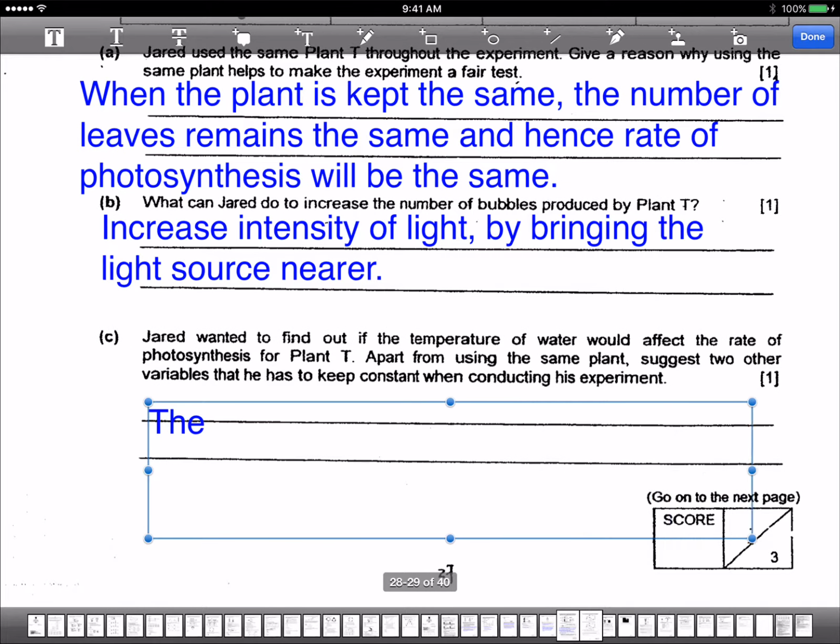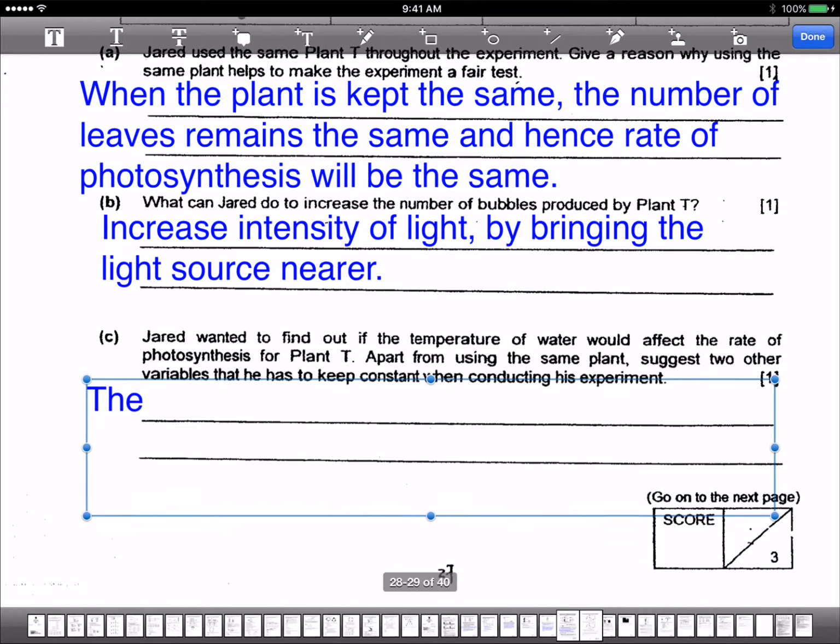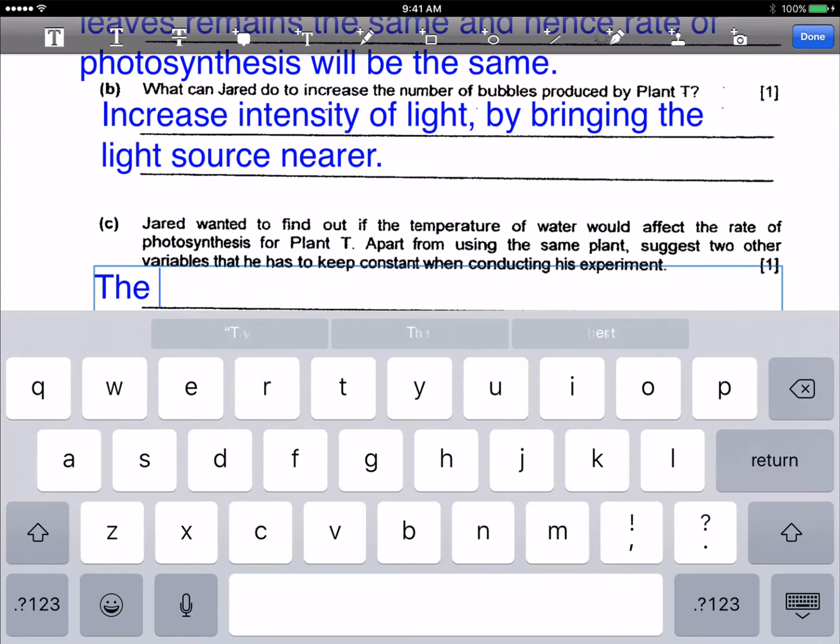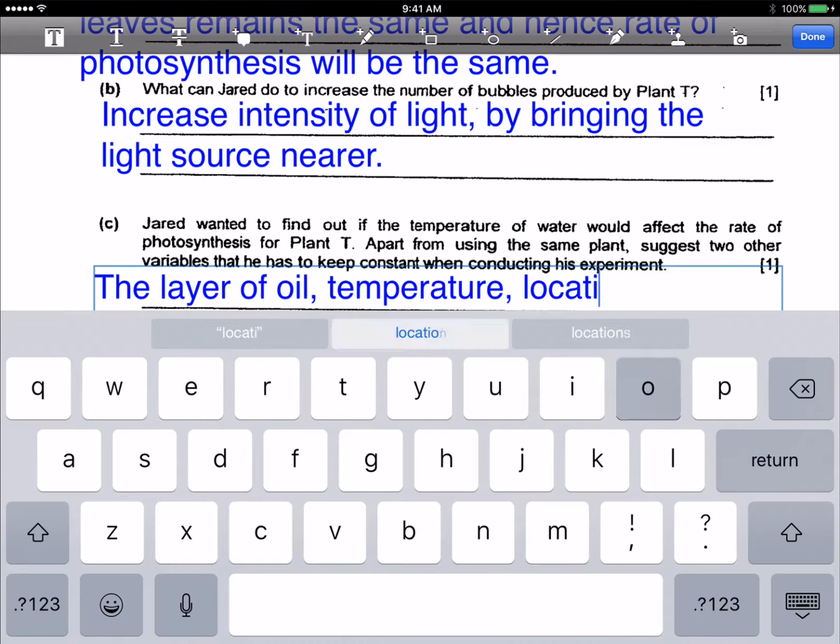The layer of oil. Okay, what else? Surrounding temperature. Intensity of light. Location.